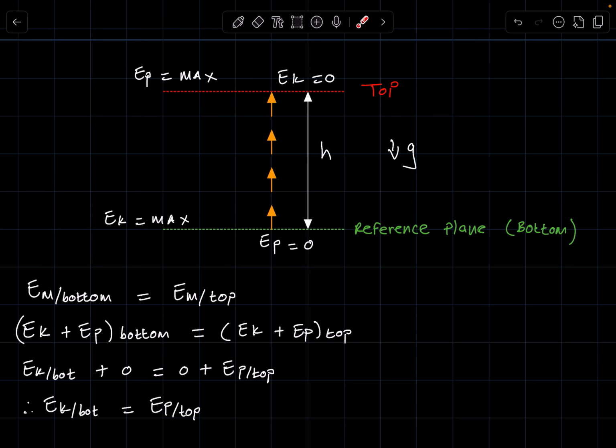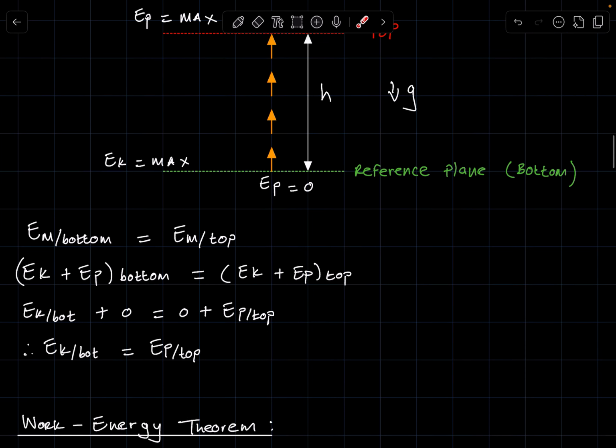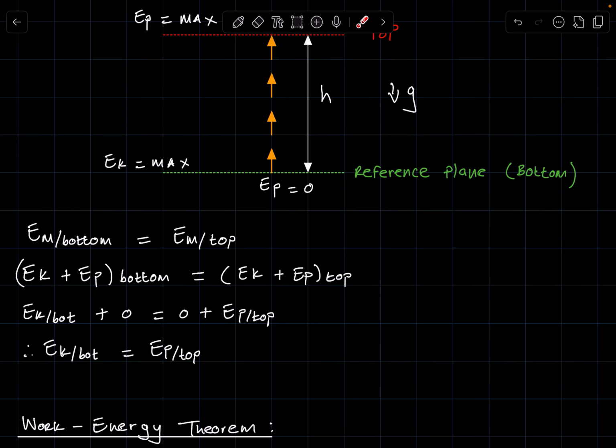So as the object approaches the apex, the kinetic energy is transformed into potential energy. And that is how mechanical energy relates to the conservation of energy.